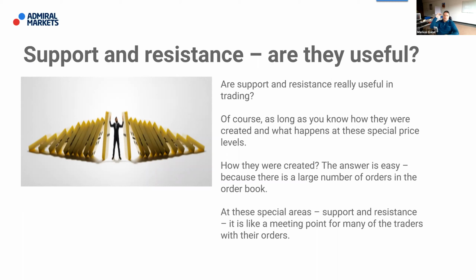If you have the resistance on the upper side, then you have more sellers there and not enough buyers. If you had enough buyers, the price would break up, but it doesn't. You have more sellers, the price is rejected at this special point, rebounds and falls down from this resistance.